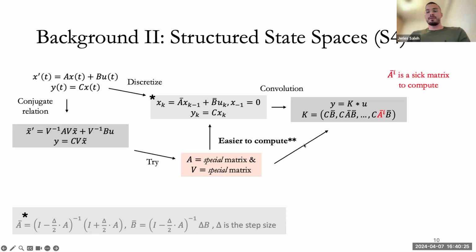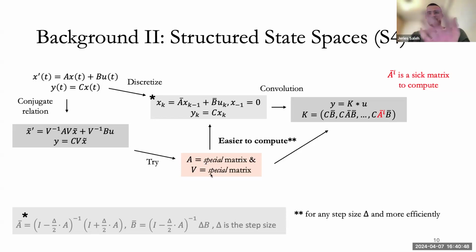And moreover, it just so magically happens that the initialization of matrix A is not just any matrix, but it's called the Hippo matrix. The Hippo matrix was introduced by the same group, and they show that this initialization can capture long-term dependencies better. They have a whole paper for it to prove this.